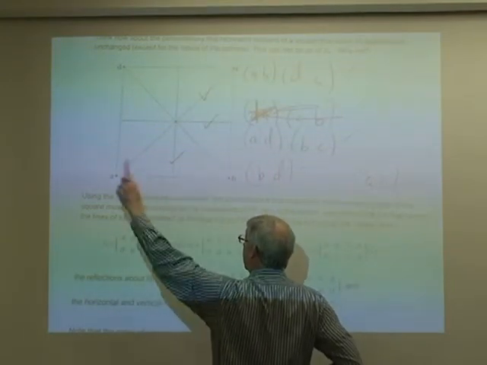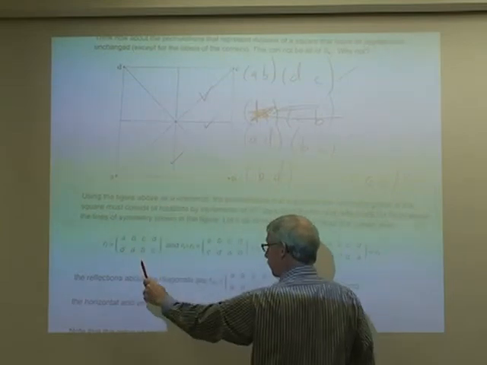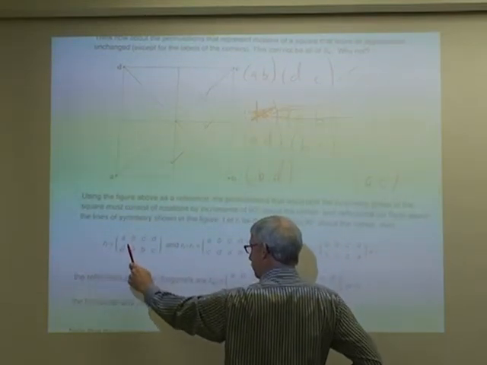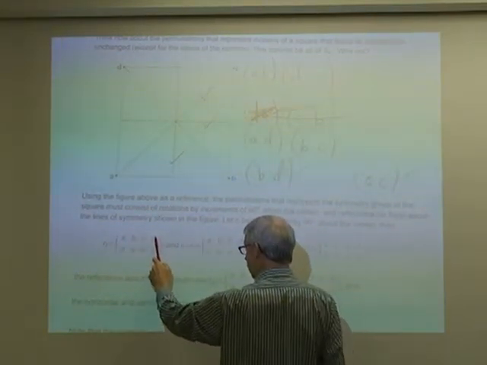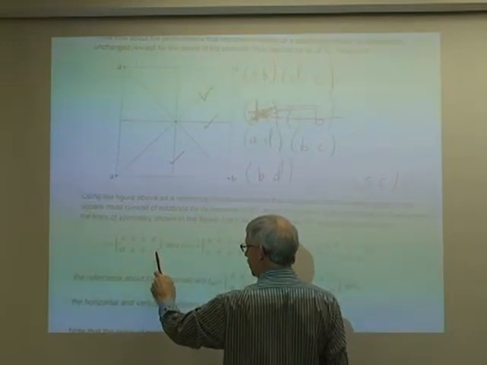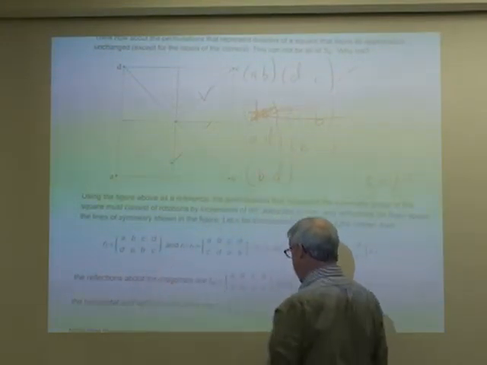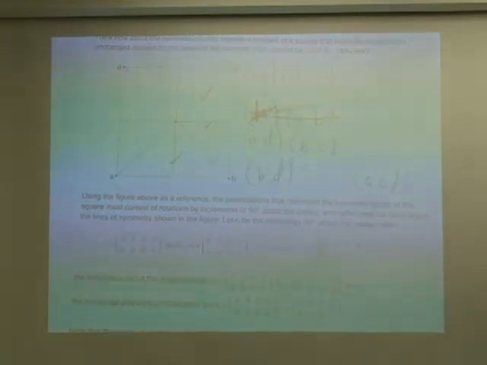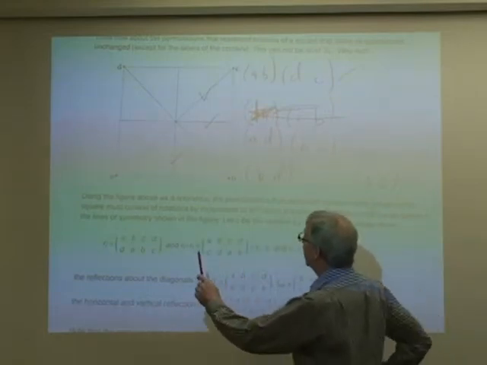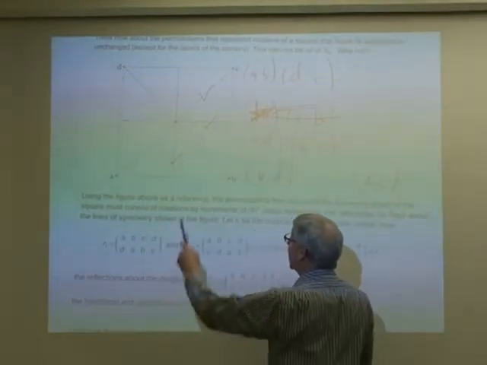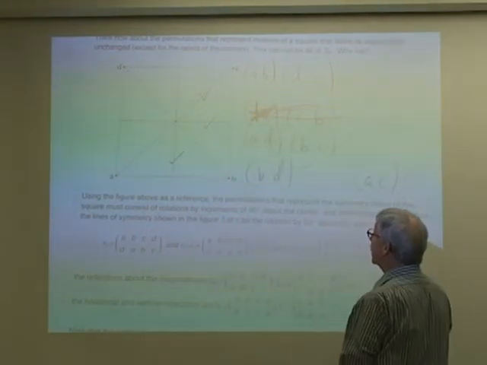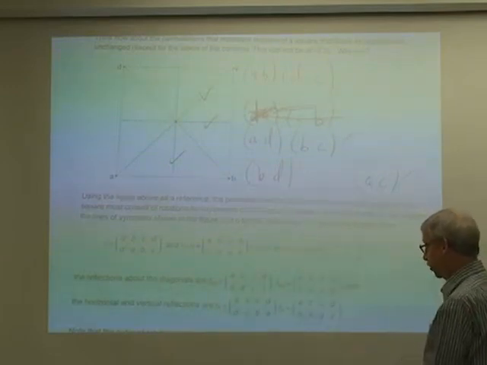I rotated clockwise. A goes to D, D goes to C, C goes to B, and B goes to A. And if I apply it twice, right, A will end up at C, and D will end up at B, and C will end up at A, etc.